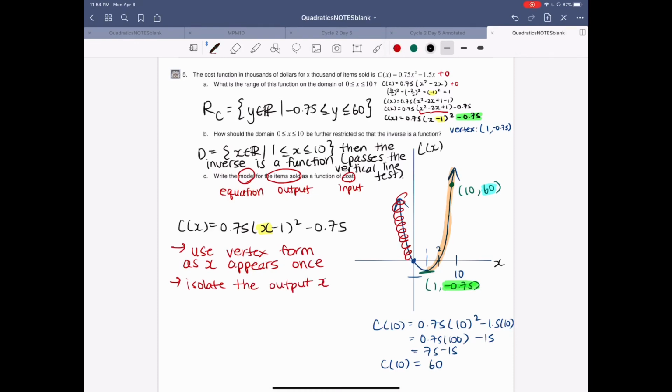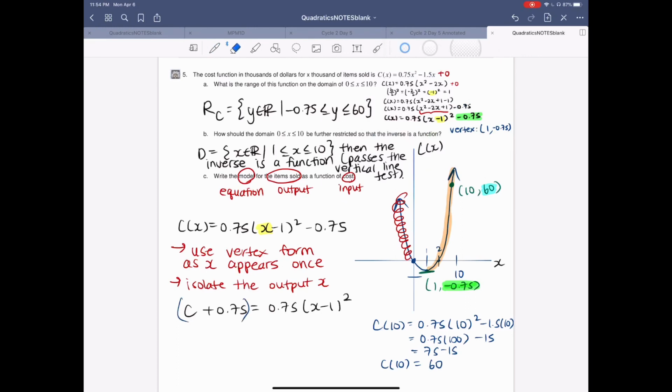All right. So I want to work towards getting the x by itself, doing BEDMAS backwards. I'm going to write c of x as just c. I want to move that negative 0.75 over, so it becomes positive: c plus 0.75 equals 0.75 times bracket x minus 1 squared. By following BEDMAS backwards, I usually always put the brackets here so I don't make any mistakes.